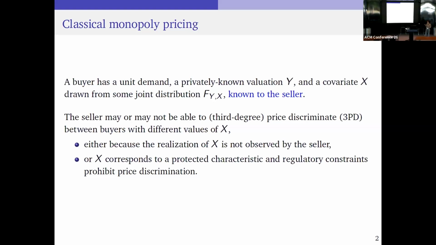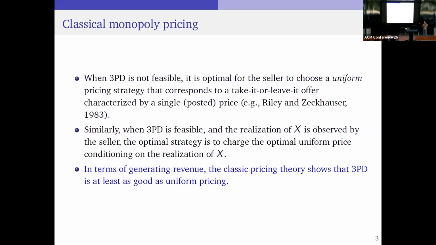If he or she can price discriminate, then we just condition on the X. Sometimes X might correspond to some protected characteristic, and there's a constraint that does not allow that.